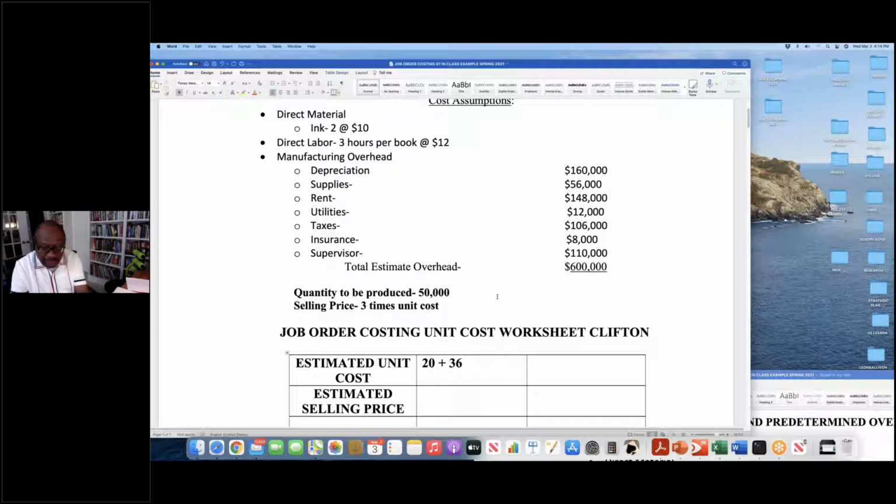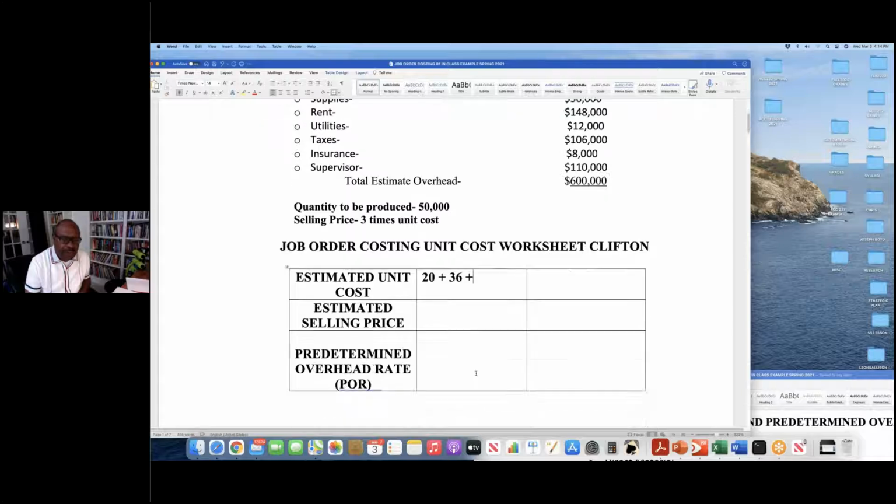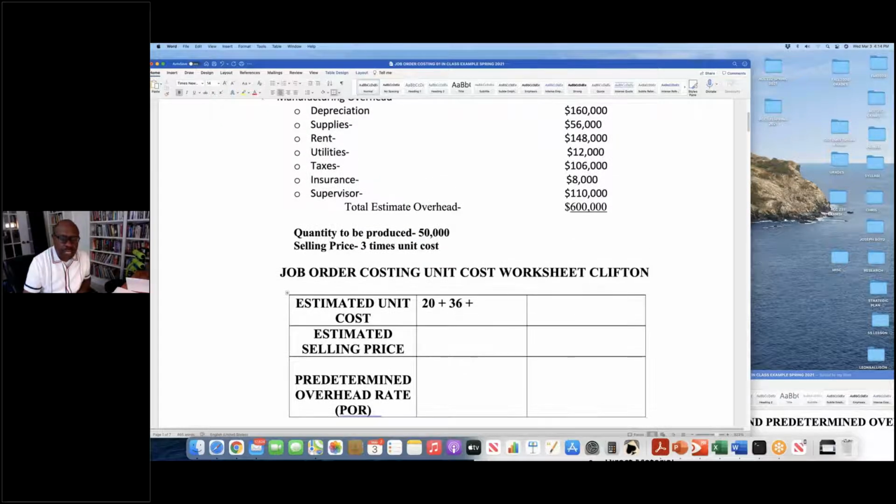So let's see if we can get our POR now. If we were trying to get the POR, we know the first thing that we need is the overhead, which is $600,000, right?